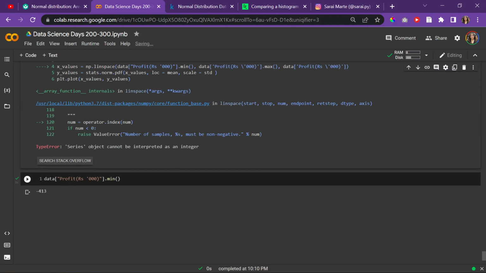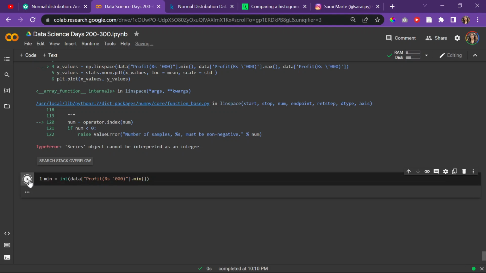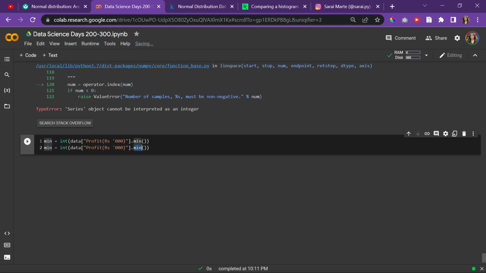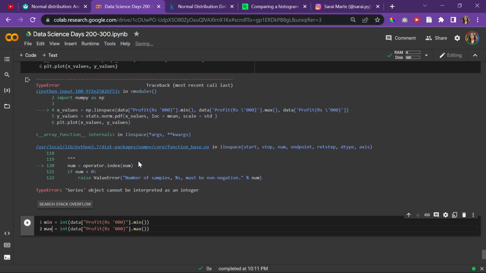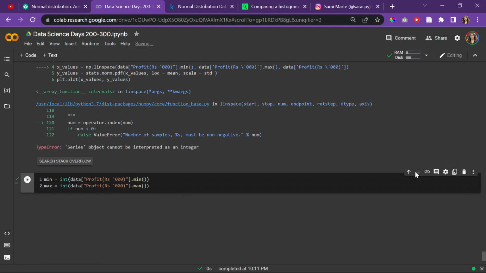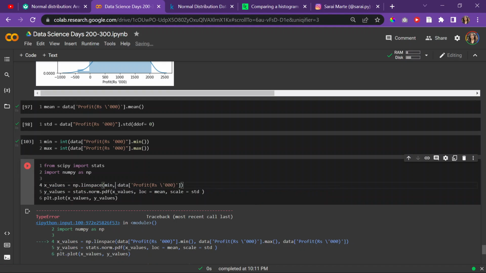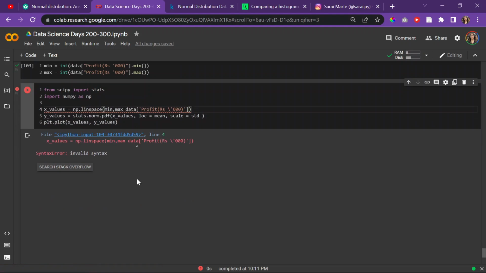Is there any way that I can do min? Can I set it? Isn't it already an integer though? Yeah. Okay, and then I'll just do the same thing. Paste that in there, and I'll just change this to max. Change this to max. And then run that, move it above. Maybe I can change these to min and max. Ugh, so annoying.